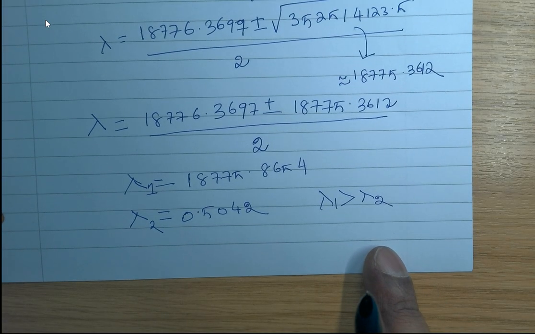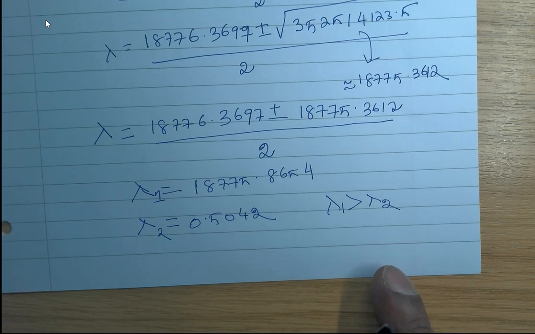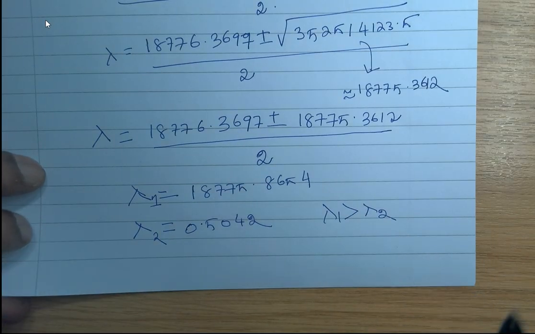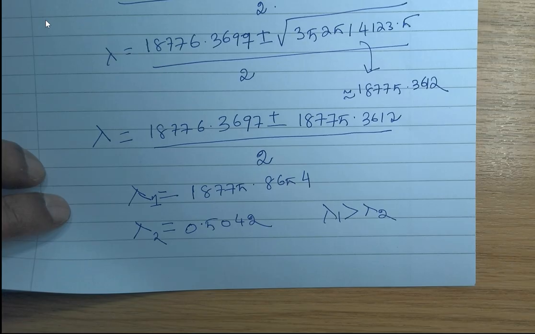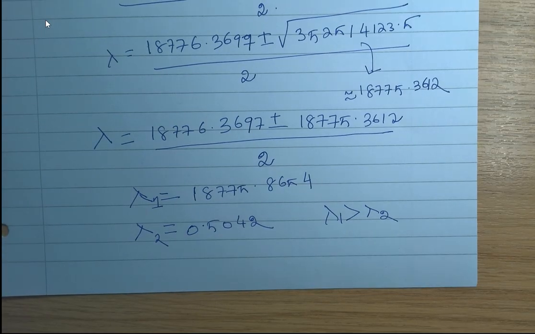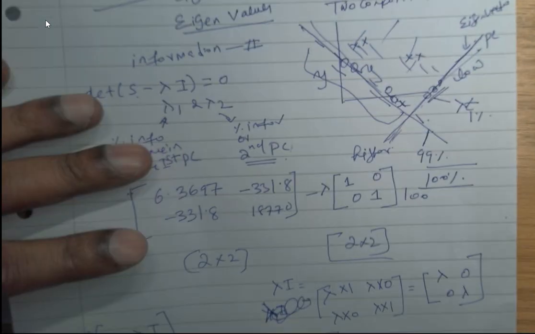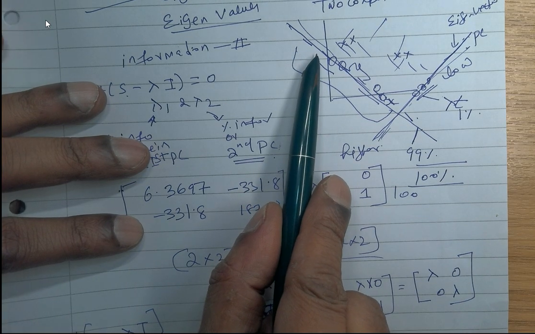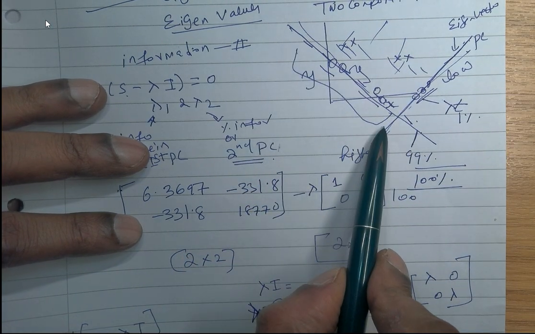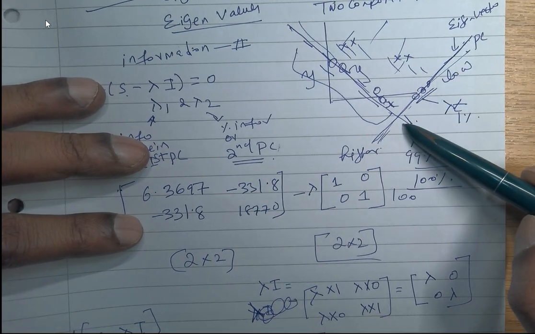Now if you go back to the diagram which I showed you a long time ago, when you project the data, something falls on this component, another one falls on that component.